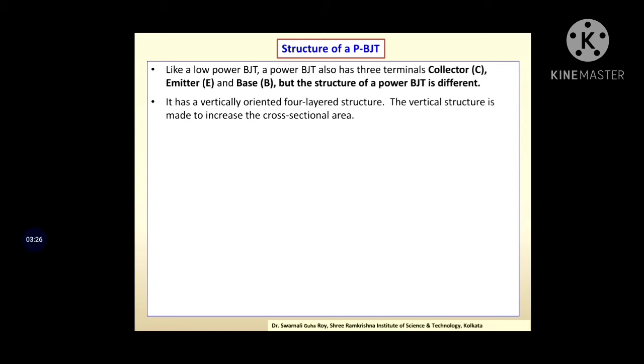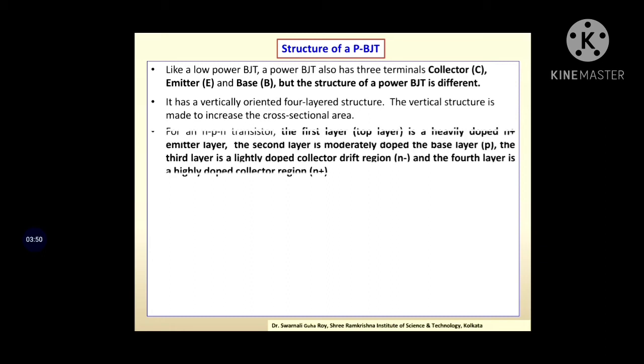If you remember, the structure of a low power BJT is a horizontal structure consisting of three layers, whereas here the structure is a vertically oriented four-layer structure. The vertical structure is made to increase the cross-sectional area of the device.